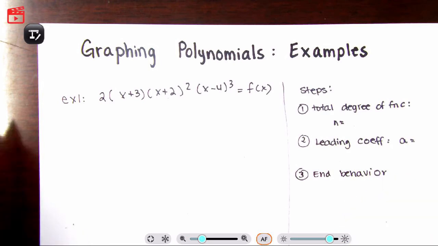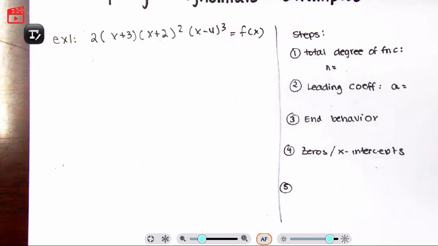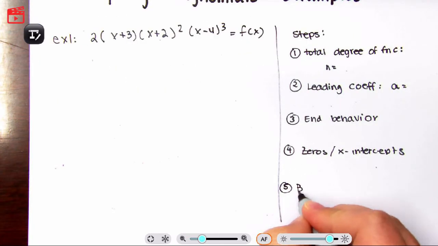Once you have your end behavior, you're then going to identify your zeros or your intercepts. And step number 5 is identifying the behavior at each zero.